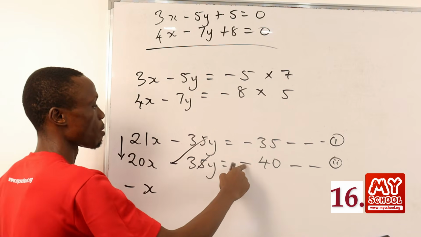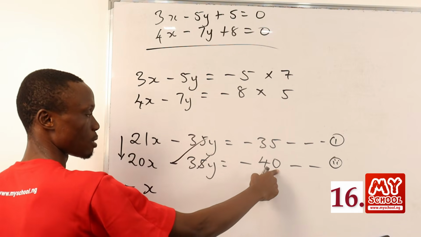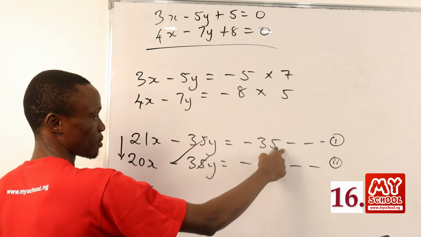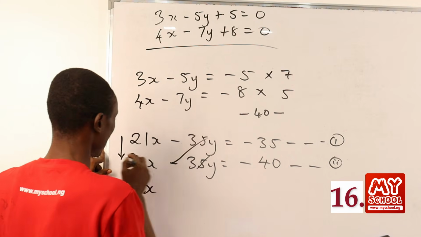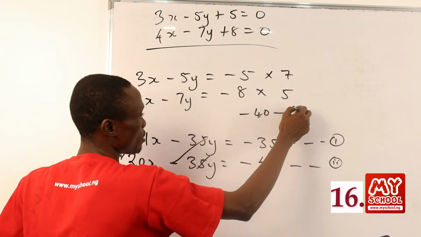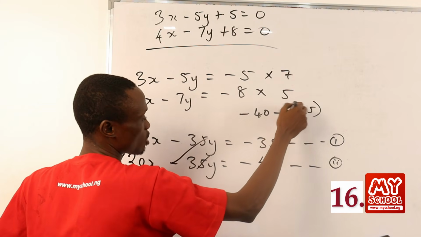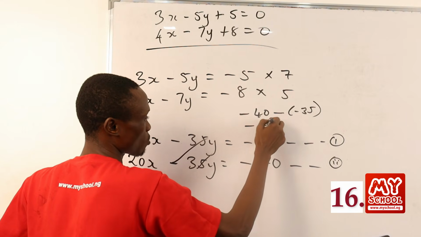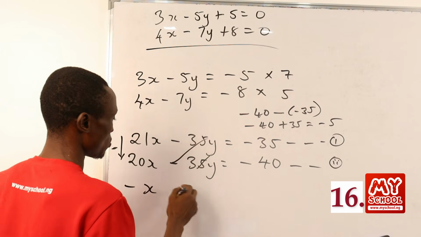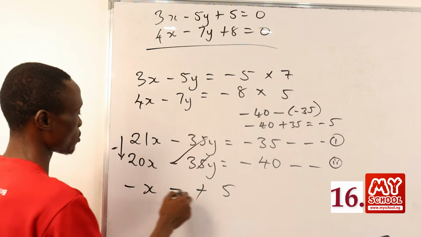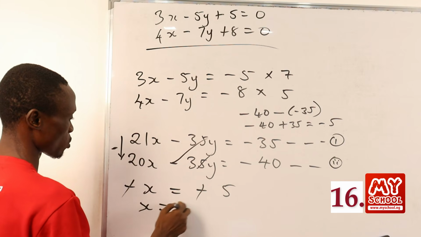So here we'll be having minus 40 minus 35. Minus 40 minus, which is the minus here, then minus 35. So this is changed to plus, right? So we have minus 40 plus 35. That will give you minus 5. So here we have minus 5. So minus cancels minus, so that x is equals to 5.